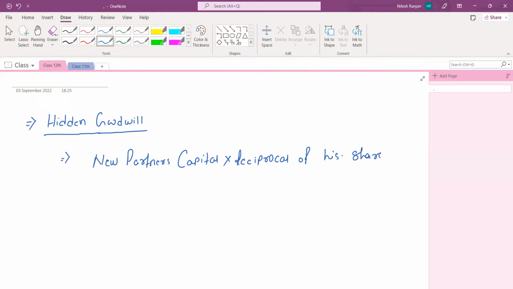That is, if new partner is getting 1/5 share and he is bringing 1 lakh as his capital, then the total capital of firm will be 1 lakh into 5 by 1. So the total capital of firm will be 5 lakh.